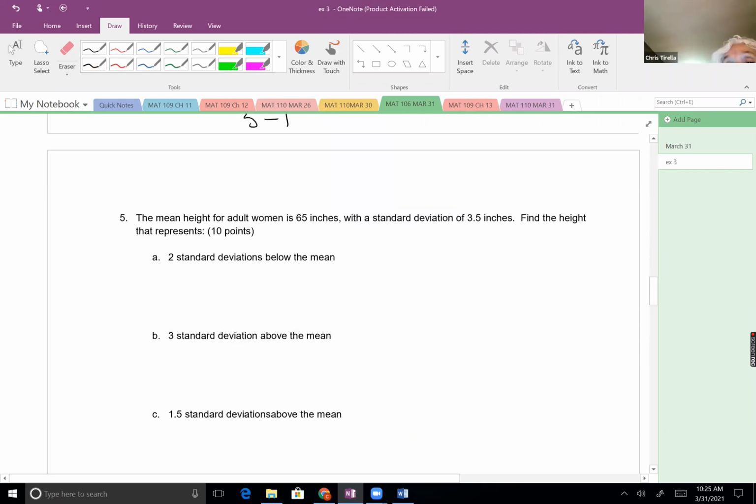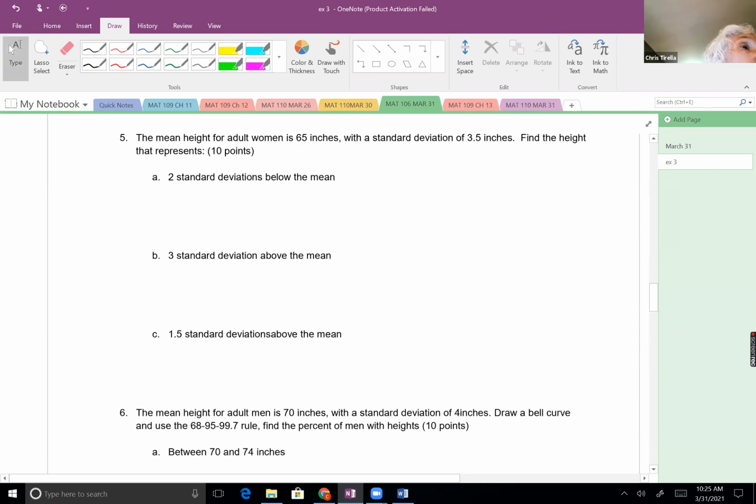Next question deals with some of what's in, I believe, homework 17, or is it homework 16, where we're just looking for measures above and below the standard deviation. Remember, when we're looking for something below the mean, it tells me to subtract.